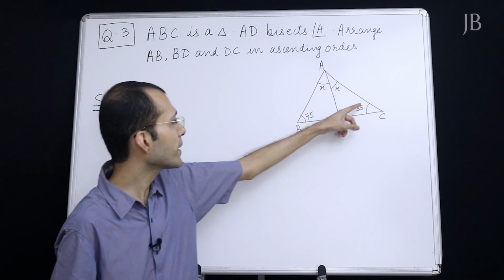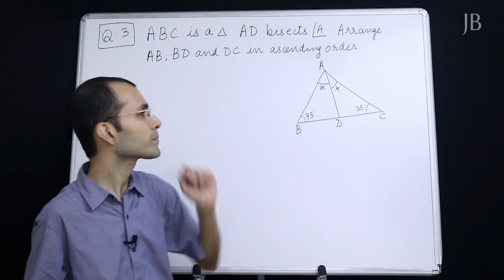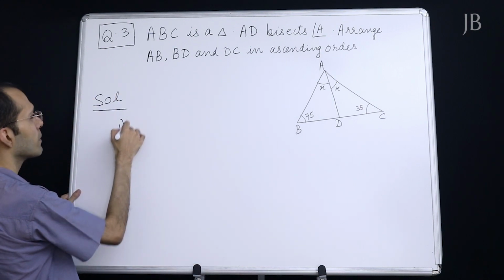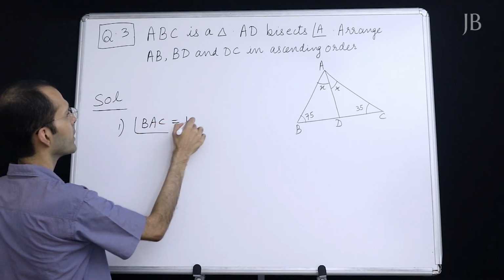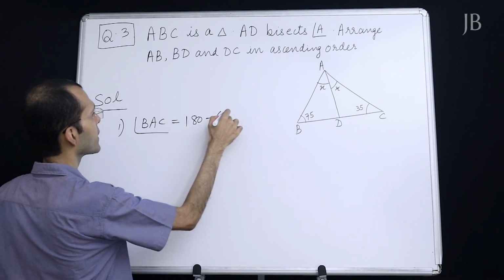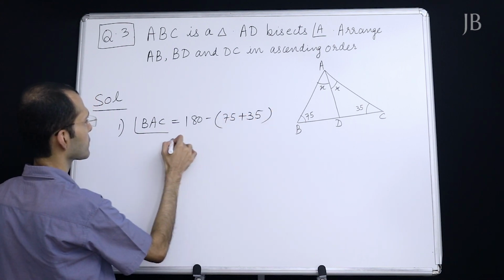This is 75, this is 35. So angle BAC will be how much? Sum of the angles of a triangle, isn't it? So angle BAC will be 180 minus 75 plus 35.